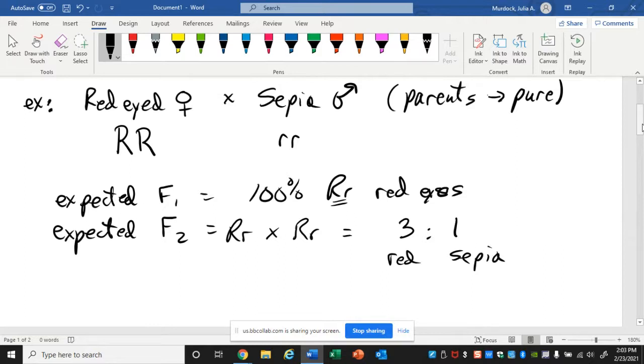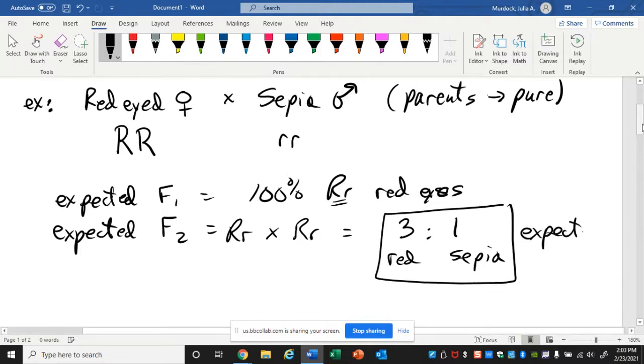You should, if everything is just simple dominant recessive, if it's not sex-linked, and if the genes are on an autosome and not on a sex chromosome. That should be your prediction, right? So this would be your expected outcome.